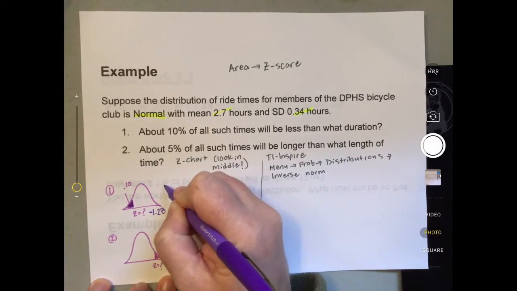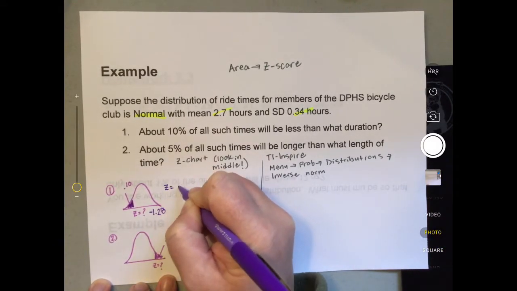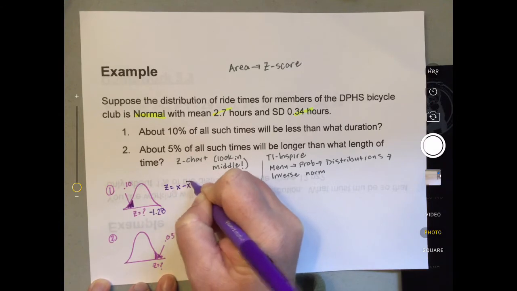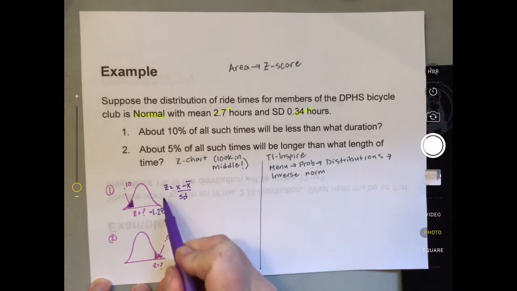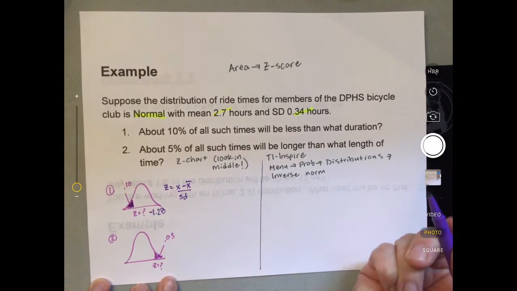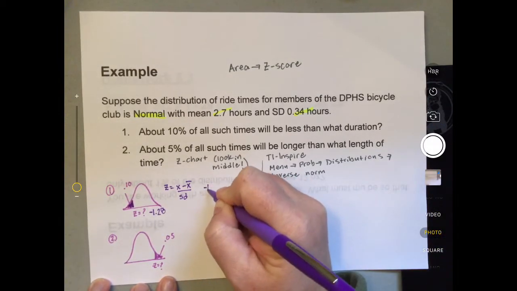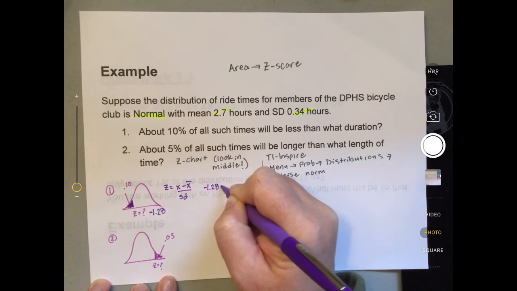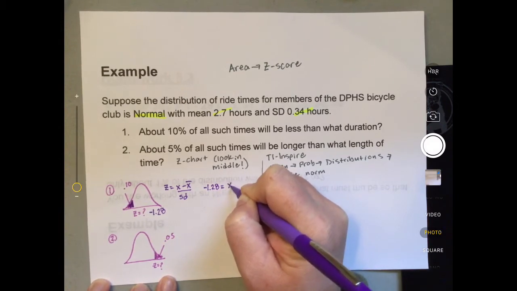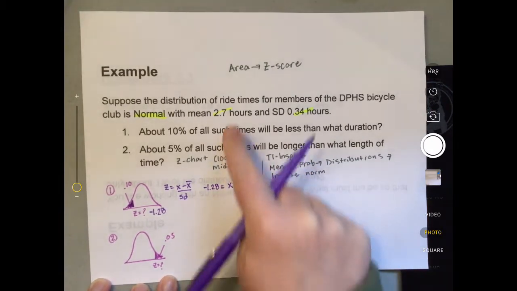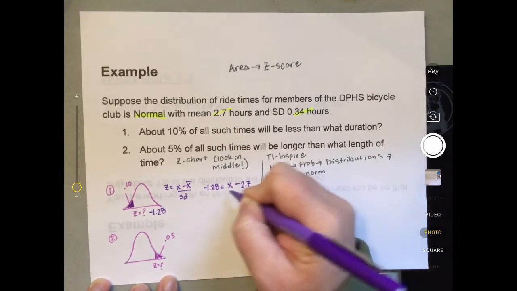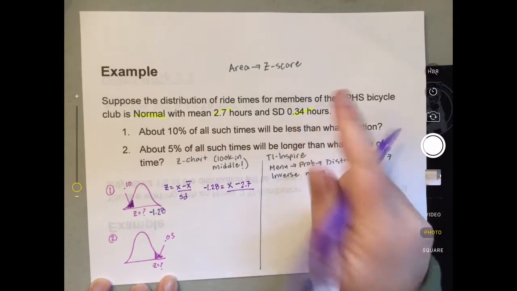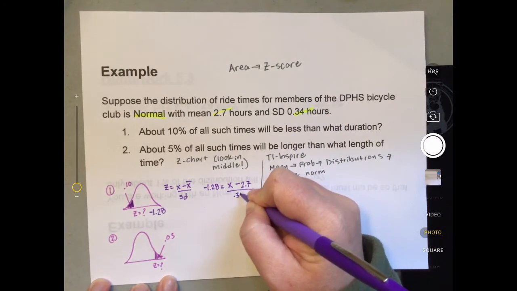Remember that your z-score formula is x minus x bar divided by the standard deviation. Let's plug in what we know. We know that the z-score is negative 1.28. We are looking for x. We know that x bar, or the mean, is 2.7, and we know that the standard deviation is 0.34.